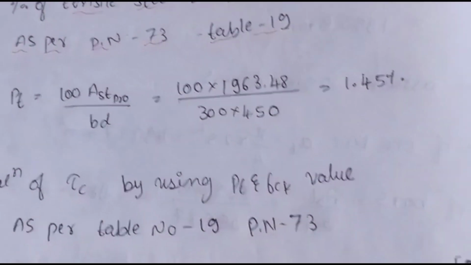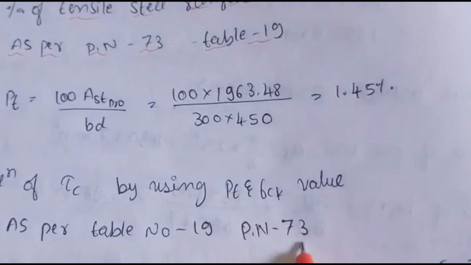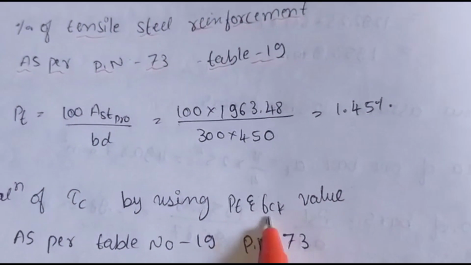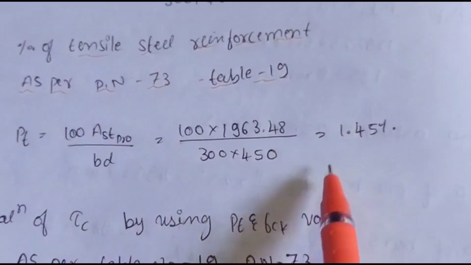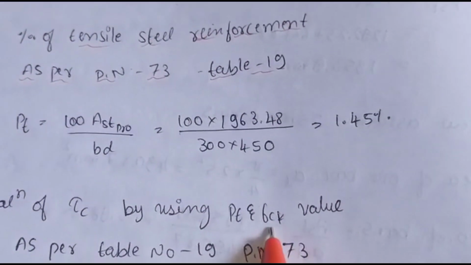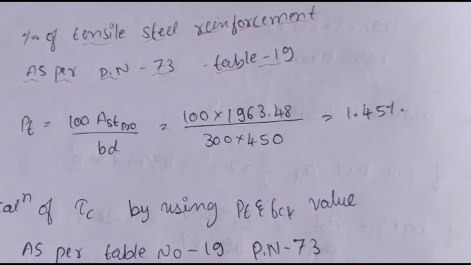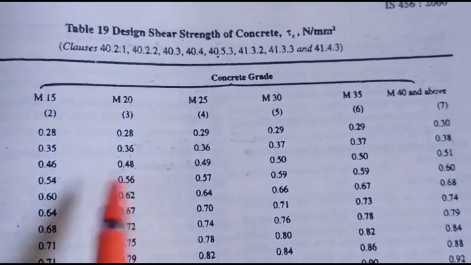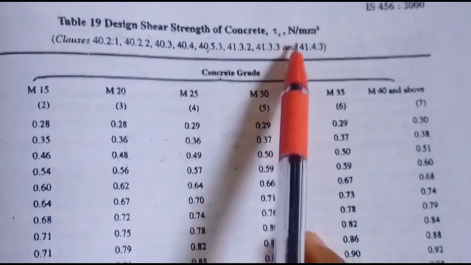So as per table number 19 and page number 73, by using these two values, we'll calculate our tau c value. Our PT value is 1.45 and our grade of concrete is fck 20 Newton per mm square. This is table number 19, design shear strength of concrete tau c, Newton per mm square.